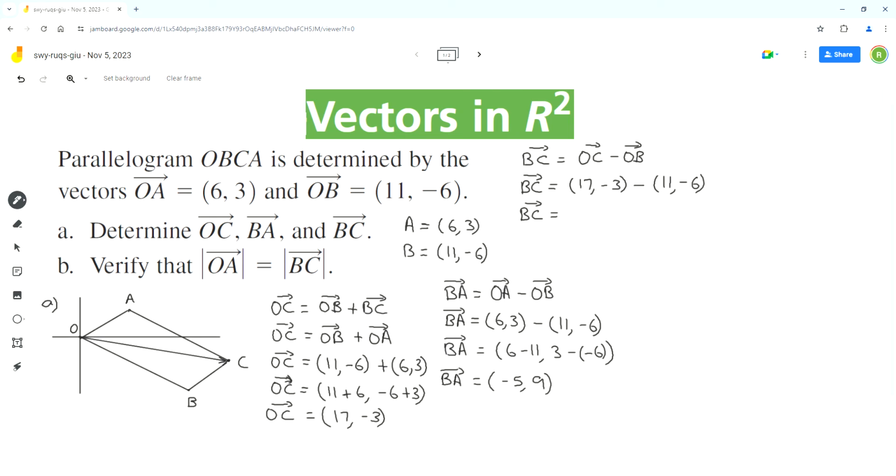Now we can subtract the vectors. So 17 minus 11 is 6. And negative 3 minus negative 6 is equivalent to minus 3 plus 6, which is equal to 3. So this is vector BC. So we are done with part A. Now we can analyze part B.